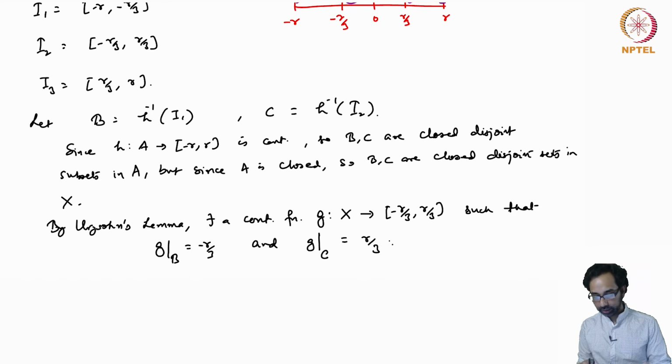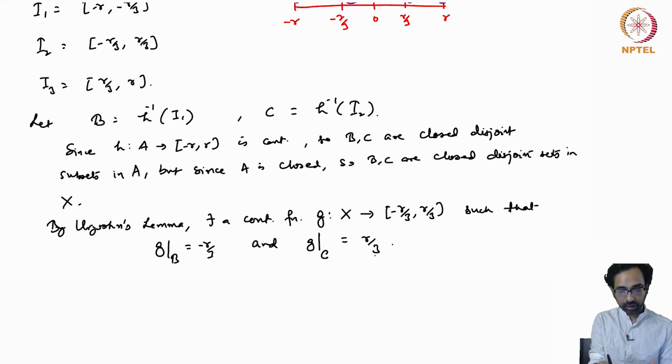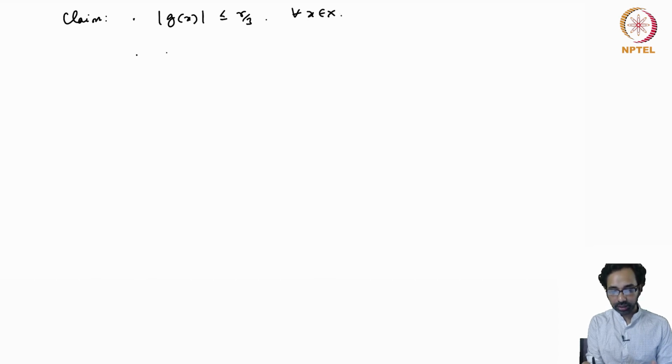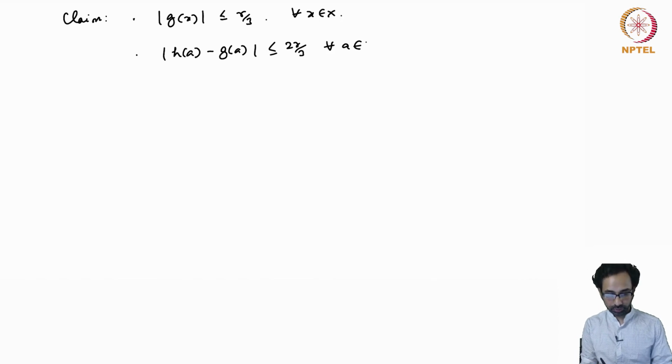So we get this continuous function, and this function g will automatically satisfy the properties that we want. So we claim first of all that the absolute value of g(x) is less than or equal to r/3 for all x, and secondly |h(a) - g(a)| is less than or equal to 2r/3 for all a in A. So let's see why these two properties hold.